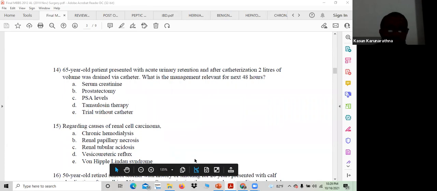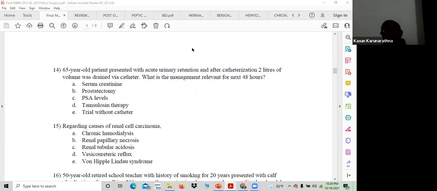You can't always go by the volume, right? Usually they say less than 1 liter for acute, more than 1 liter more towards chronic, but it's a clinical presentation. Right? Probably they made a mistake when they collected the question. It may be a printing error.